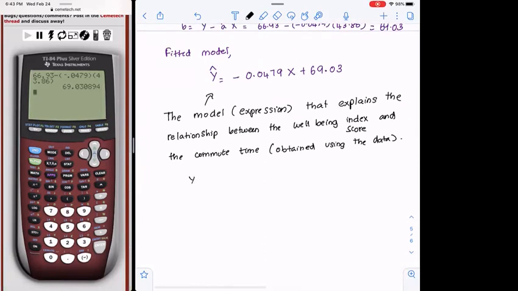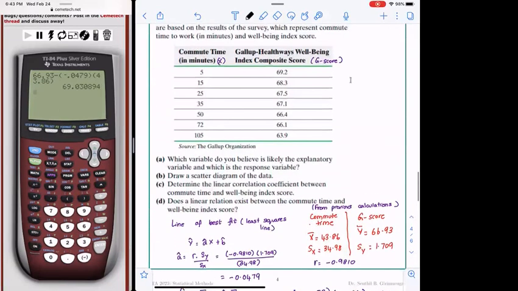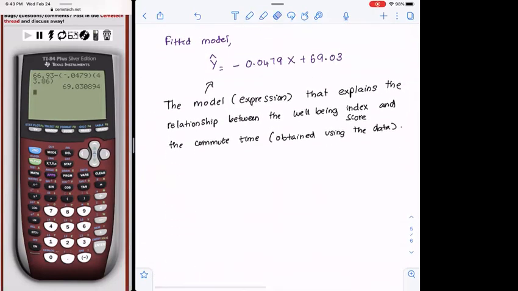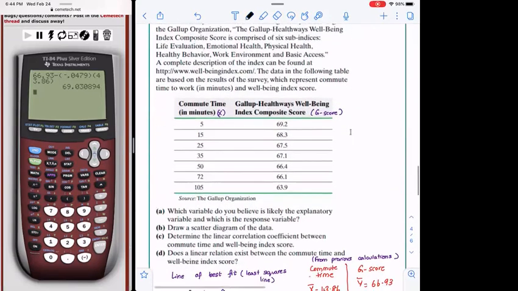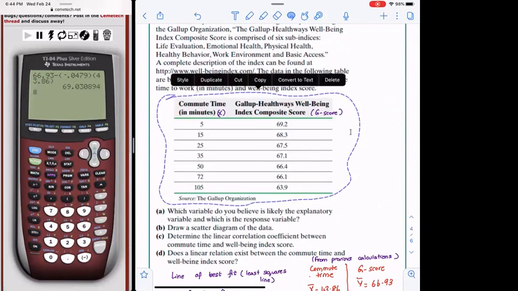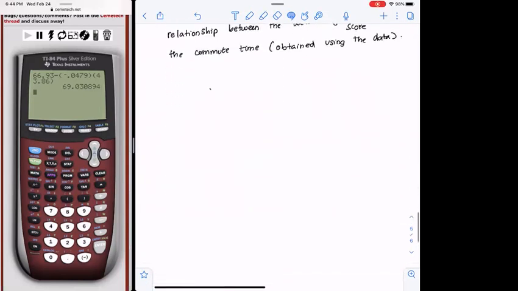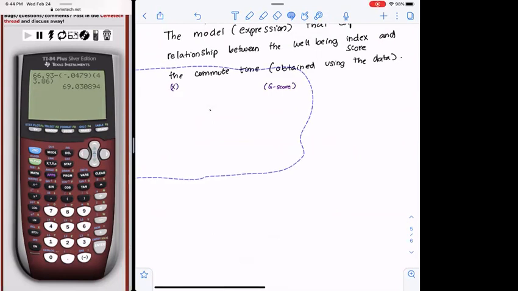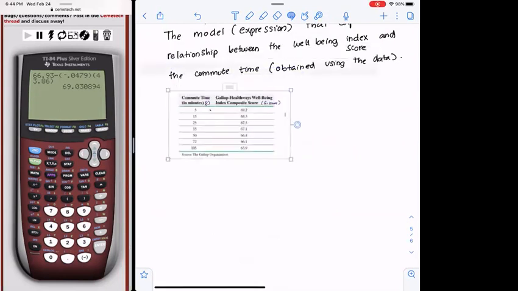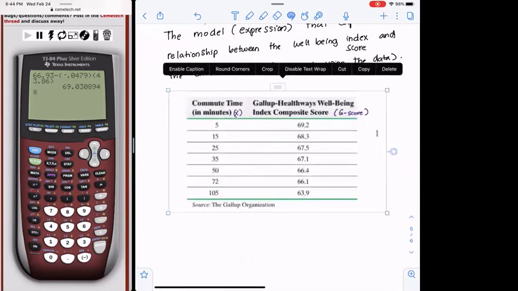So we have the chart here. So let me just copy that. Okay.